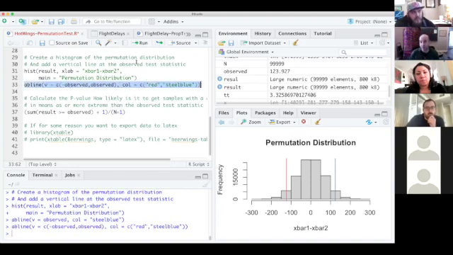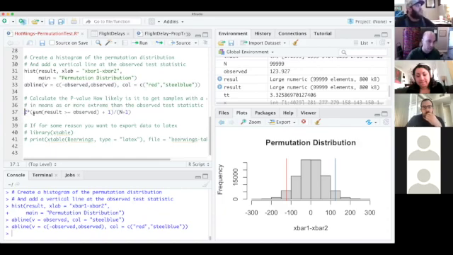Okay, so I would want to put a little red bar on the left, and now I'm going to consider extreme stuff to be anything below the line in red or above the line in blue. Because these things are symmetric, what I can do is calculate the area above the blue line and multiply that by 2, because that's going to be the same as the area above the blue line and the area below the red line. So that's a two-tailed test.